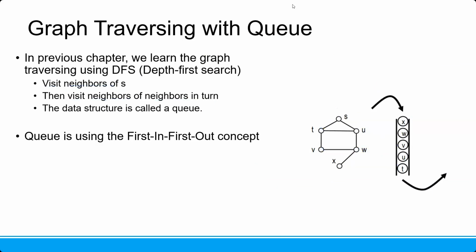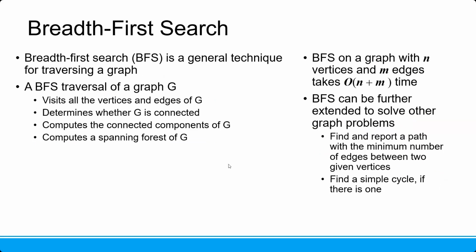As you know, a queue uses the first in, first out concept. Then if I choose C at the first time, I will visit C. And then I will visit U. And then visit V, W, X, and so on. So this is the breadth first search algorithm. This is another general technique for traversing a graph.